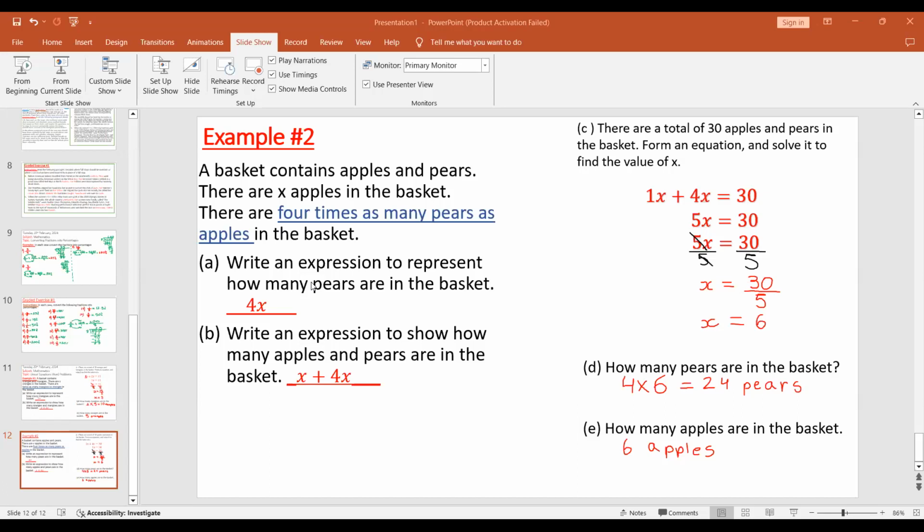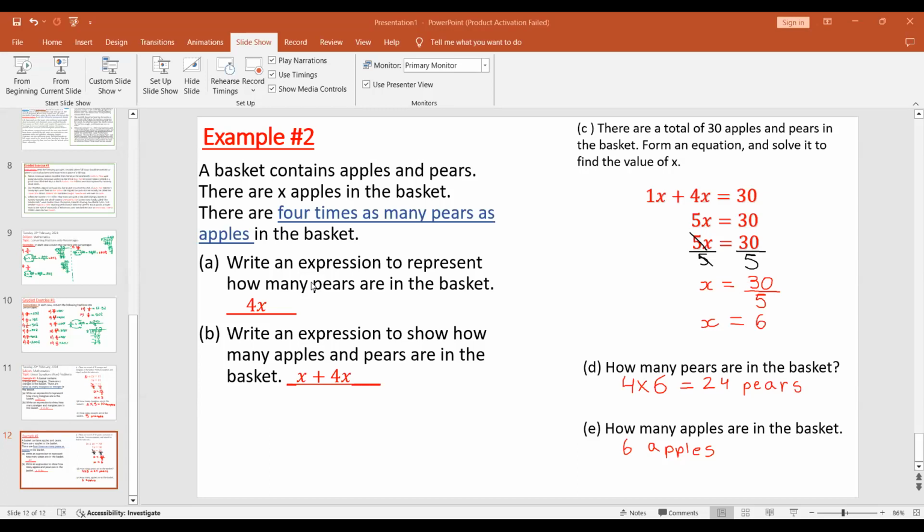Example 2. A basket contains apples and pears. There are x apples in the basket. There are 4 times as many pears as apples in the basket. A says, write an expression to represent how many pears are in the basket.